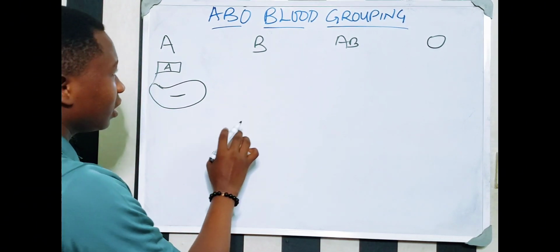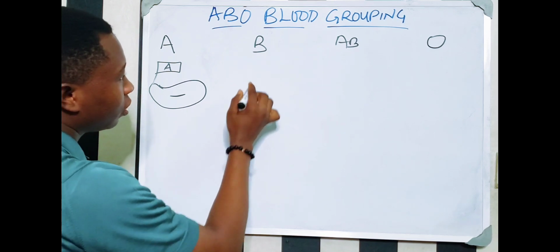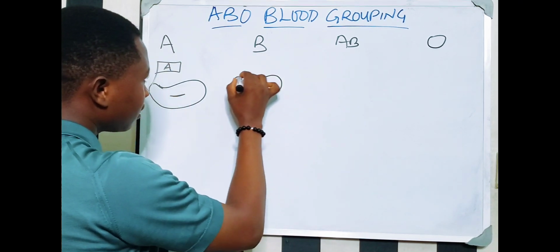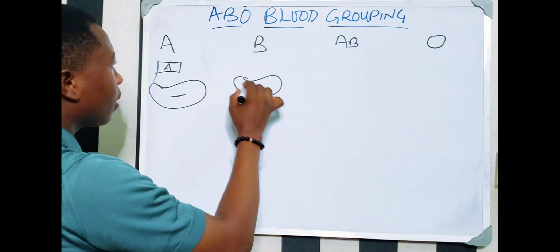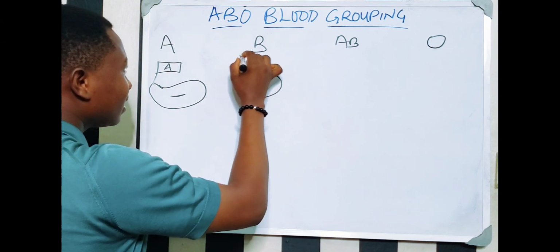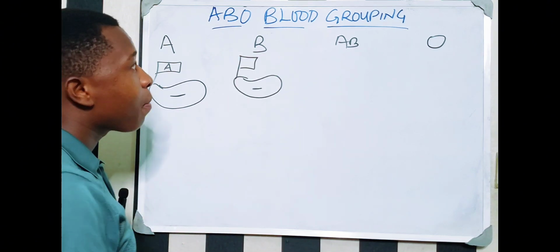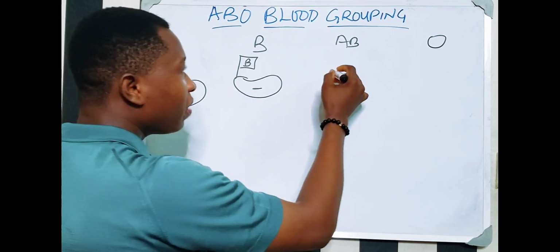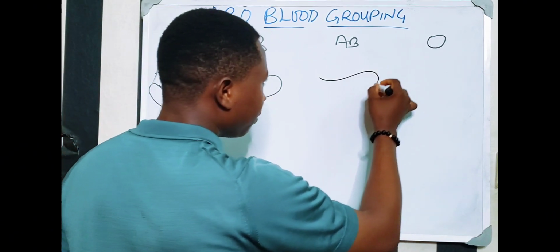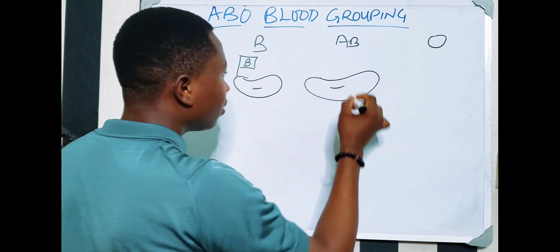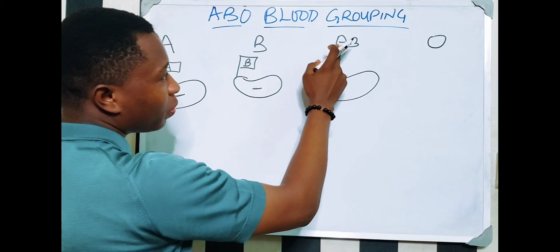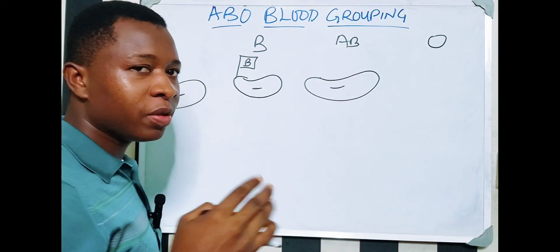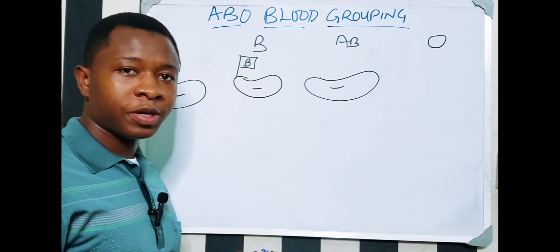Moving over to this type of blood, let's assume this is the erythrocyte. It has a flag that says what? I am blood type B. Over here, this is the erythrocyte. Because it is blood group AB, it has both flags on the surface of the red blood cell.